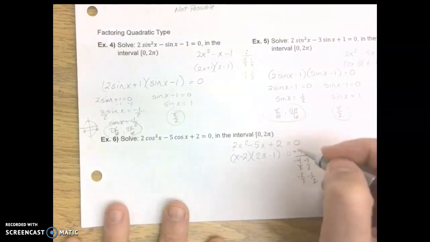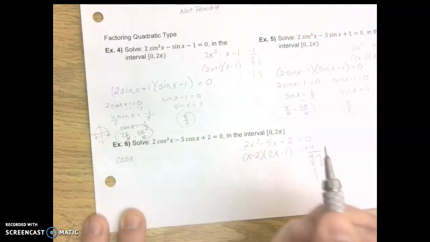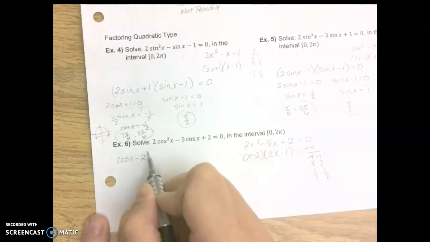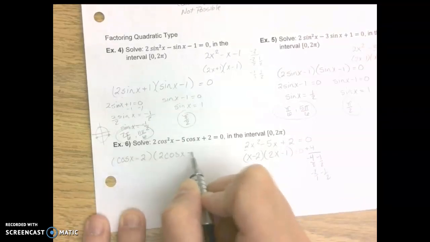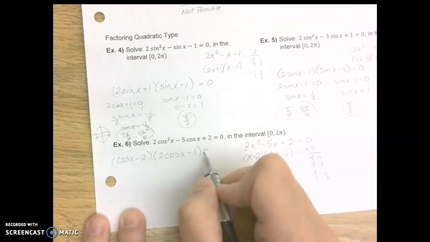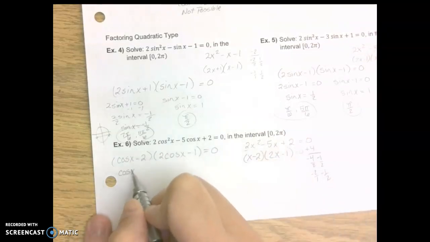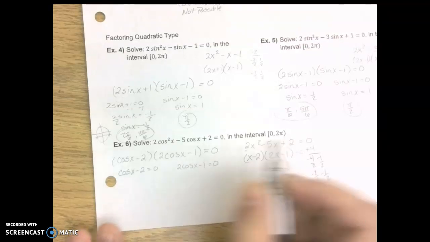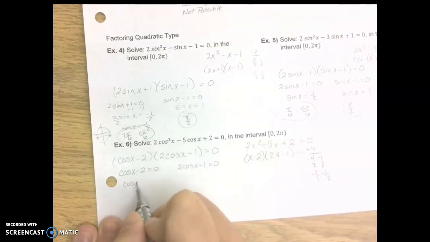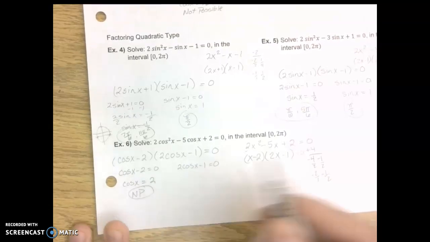equals 0. Okay, so that's going to be a cosine of x minus 2 times a 2 cosine of x minus 1 equals 0. Set each factor equal to 0. This is a cosine of x equal to a 2, which is not possible.